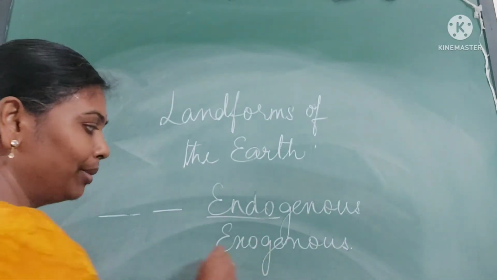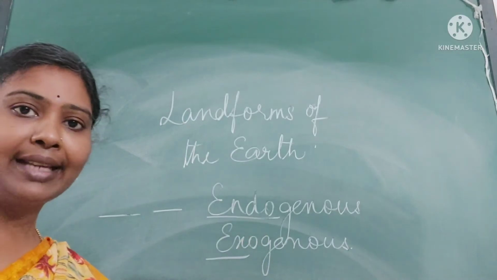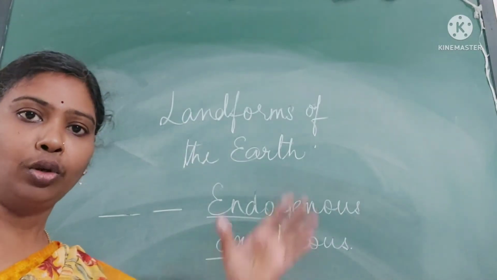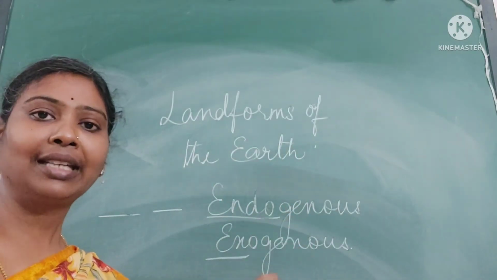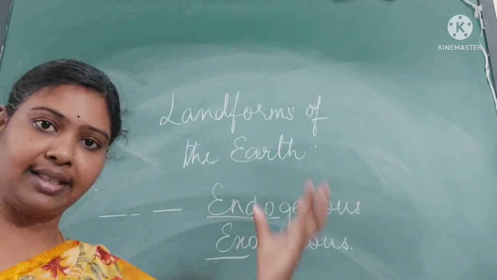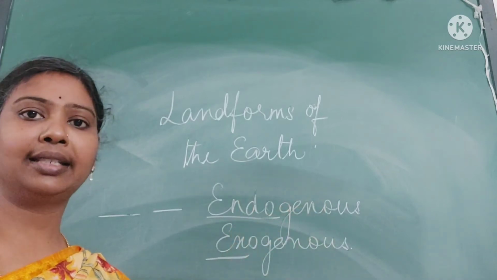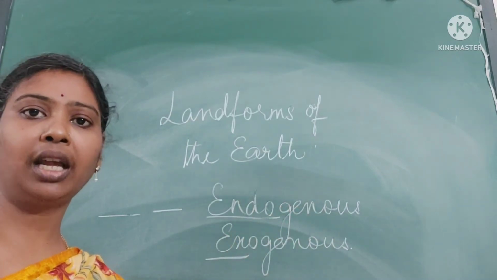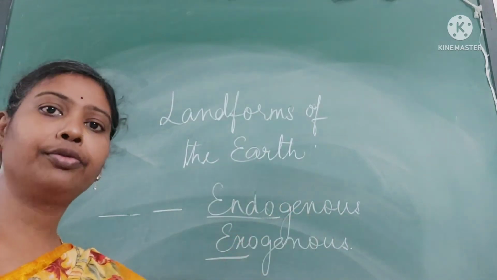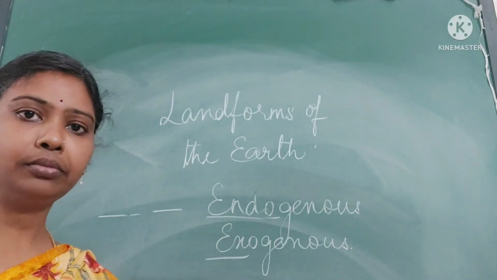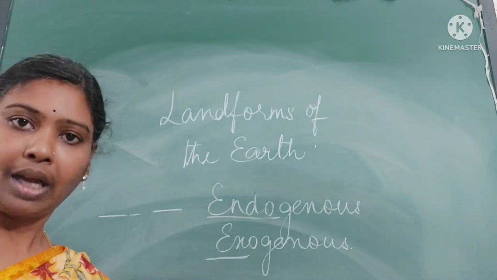Exogenous. Exo means outside. So external forces. External forces means like the sun, the temperature, excess temperature, the sunlight, the rainfall, the flowing water, the glaciers, ice.